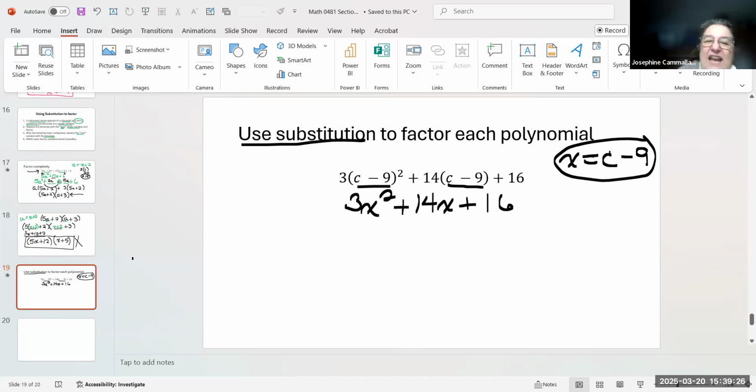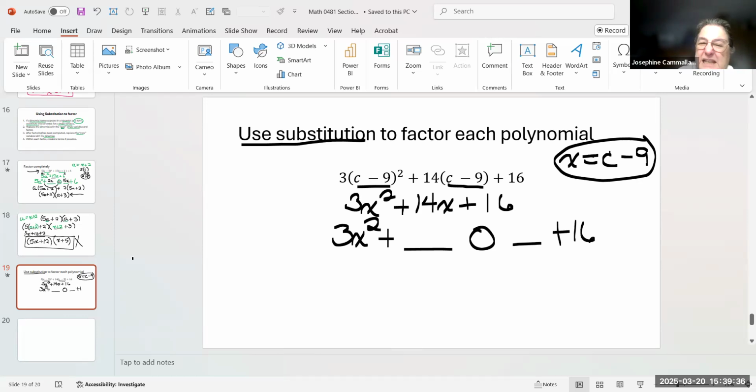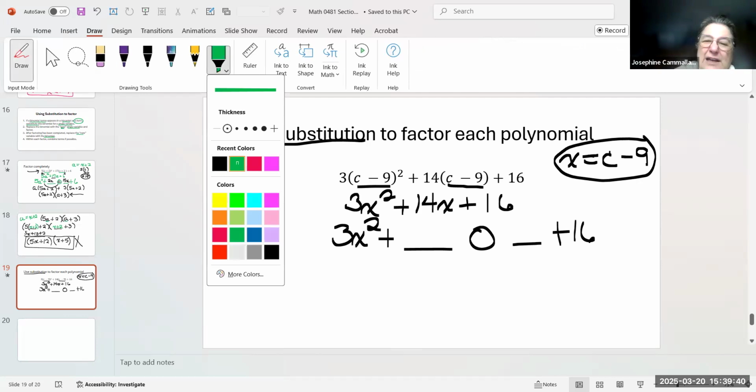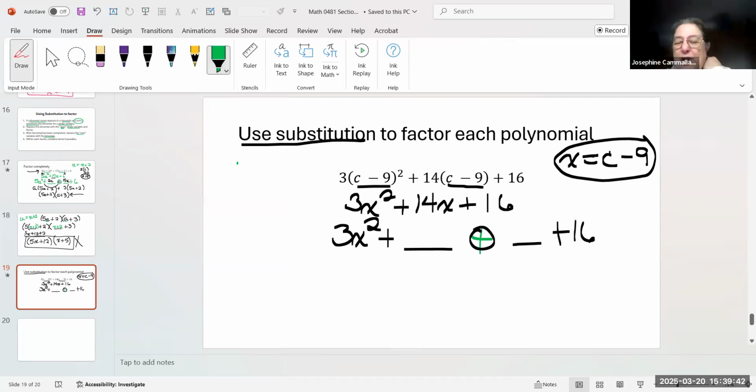Okay, let's factor. 3x squared plus blank, circle blank, plus 16. I should be getting really good at knowing what sign goes in that circle. My 3 is A, my C is 16.